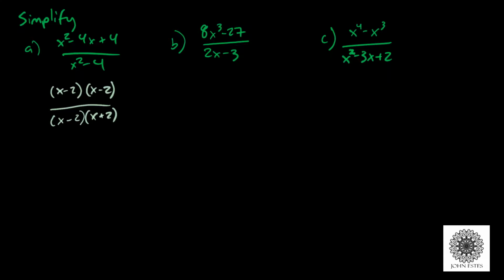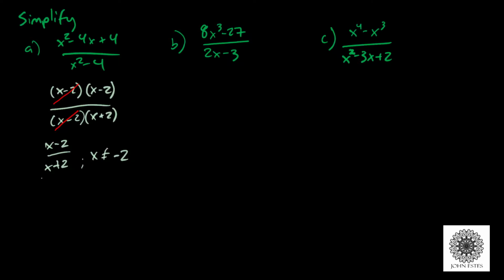Now that I have a common factor of x minus 2 in the numerator and the denominator, I can cancel it out. I should also mention the simplified version of this is x minus 2 over x plus 2. And I should also mention the things that x cannot be. We can definitely say x is not negative 2 because of what we have in the denominator here.